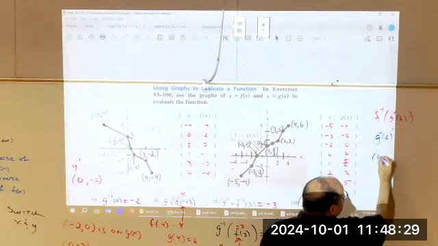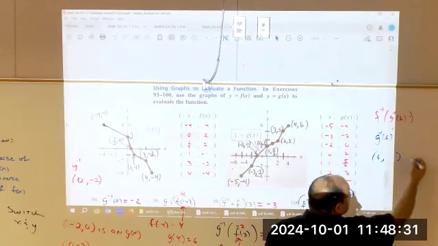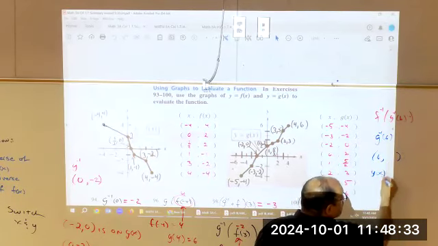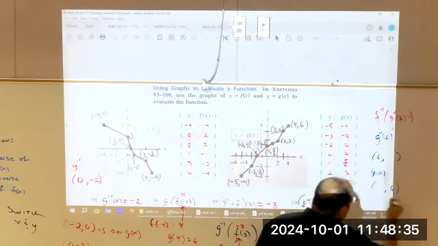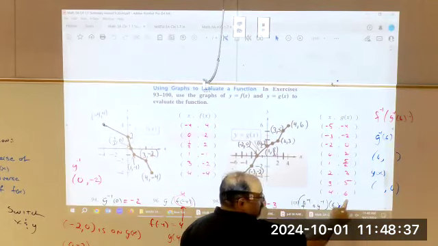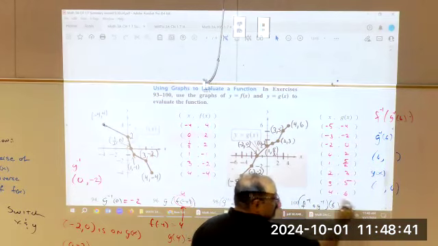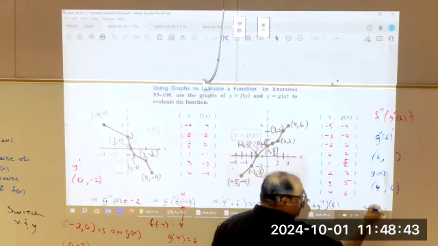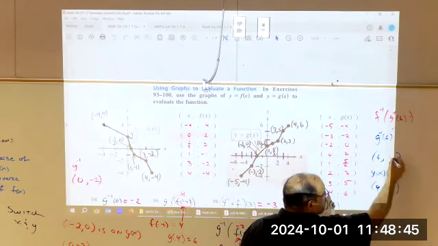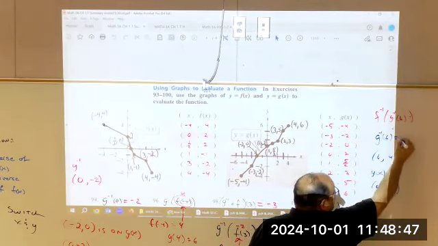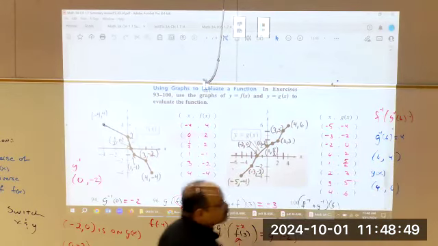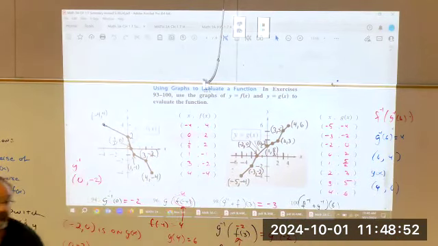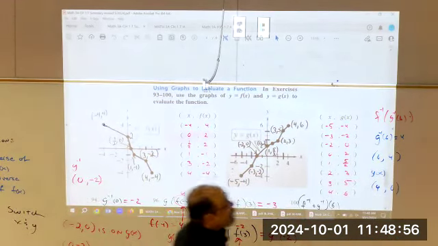So going into the inverse, we want to plug in 6. That means on g of x, it was the y value. So what did we plug in to g? We plug in 4. So g inverse of 6 is a 4. So now you do f inverse of 4.